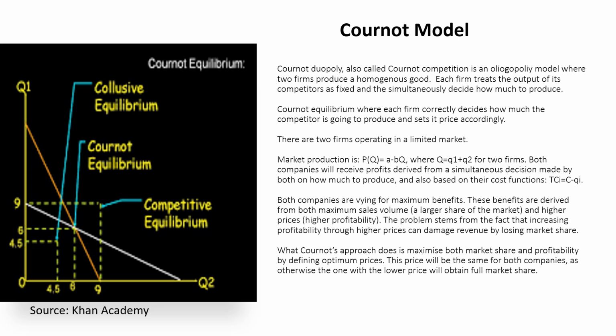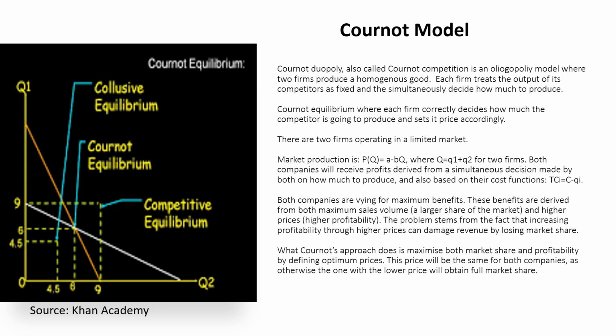Some focus on output and some focus on price. And then some focus also on the way the decisions are made, whether they're made simultaneously or one after the other. In the Cournot model, it's focusing on output, not price, and on the fact that these decisions are made by the two firms simultaneously.